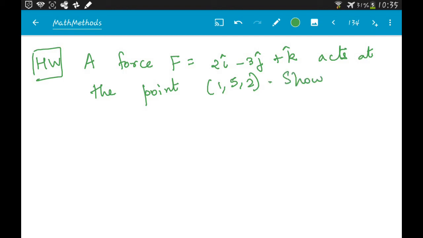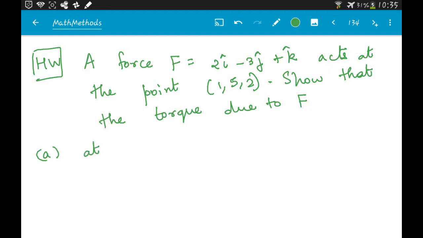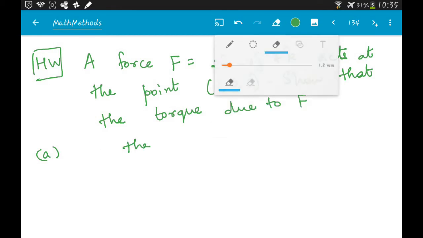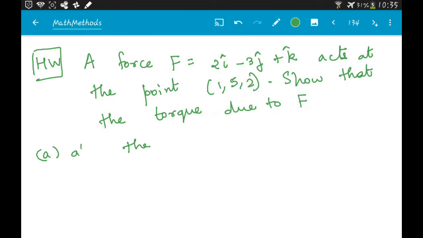Show that the torque due to F about the origin is 11I plus 3J minus 13K.